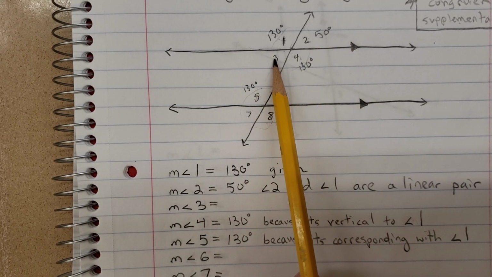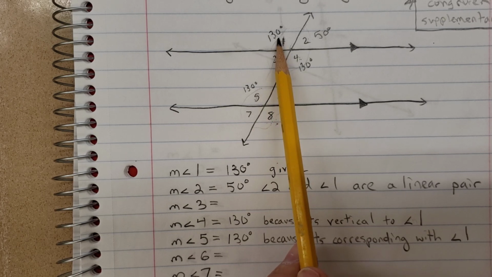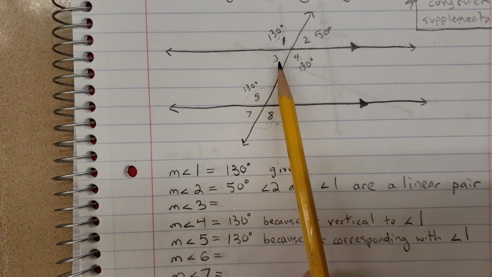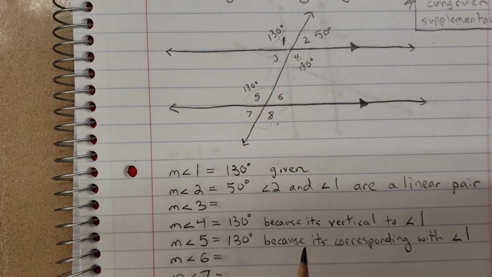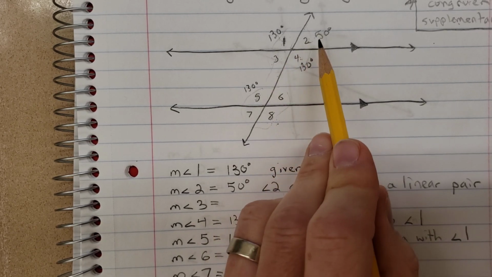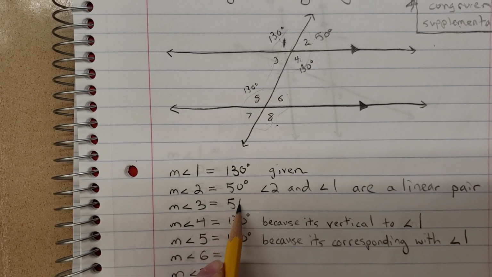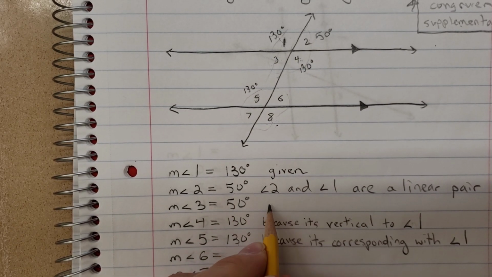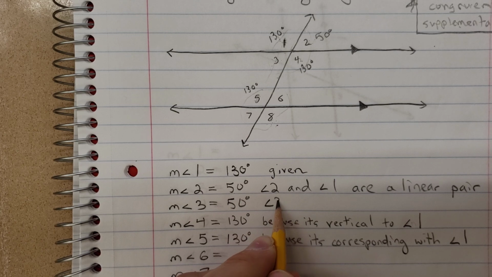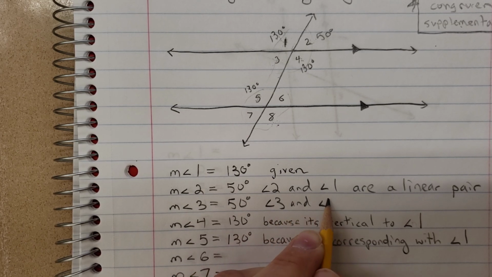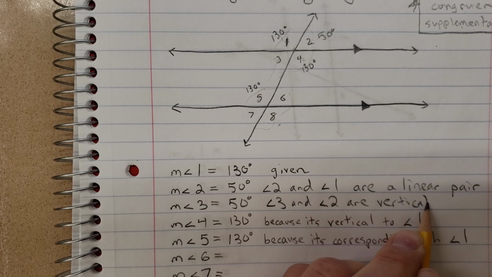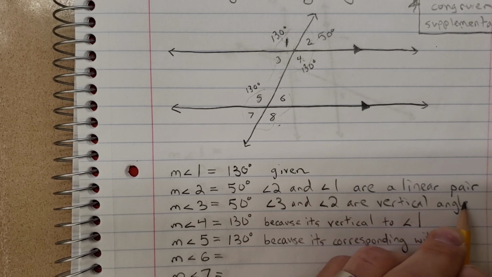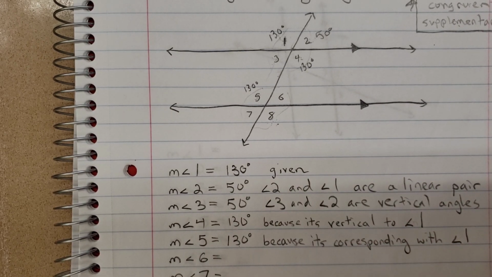We're missing 3. Okay, we could say it's a linear pair with 1. Or the easier way to do it would say, oh, it's vertical to 2. Okay, angle 3 is vertical to 2, so they have to be equal. So we got 50 degrees; angle 3 and angle 2 are vertical angles. All right, and all vertical angles are congruent.